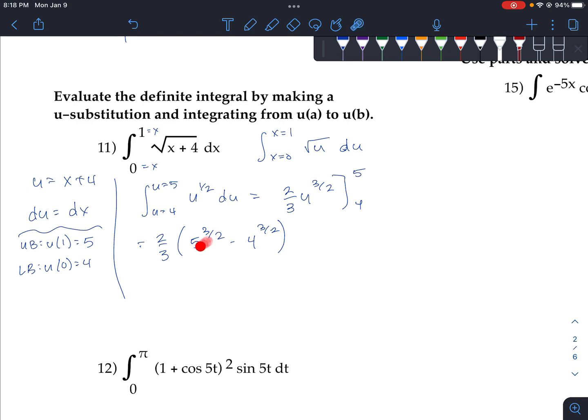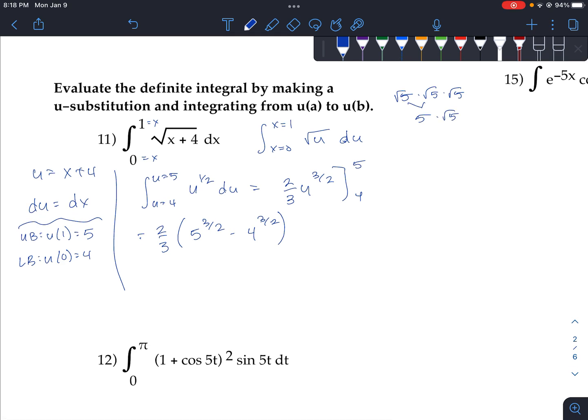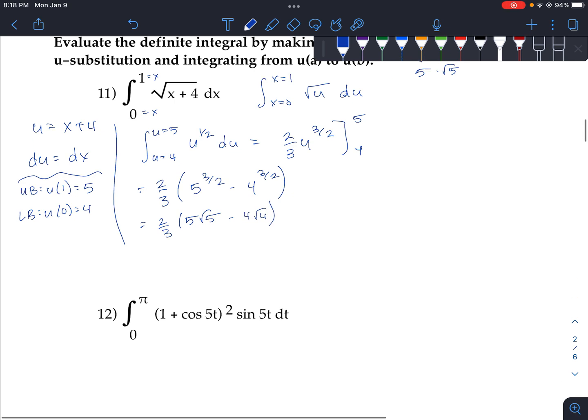5 to the 3/2, that's the same thing as the square root of 5 times the square root of 5 times the square root of 5. And this right here would be 5 times the square root of 5. So this will be equal to 2/3 times 5 square root of 5 minus, and then this would be the same thing. It would be 4 square root of 4.